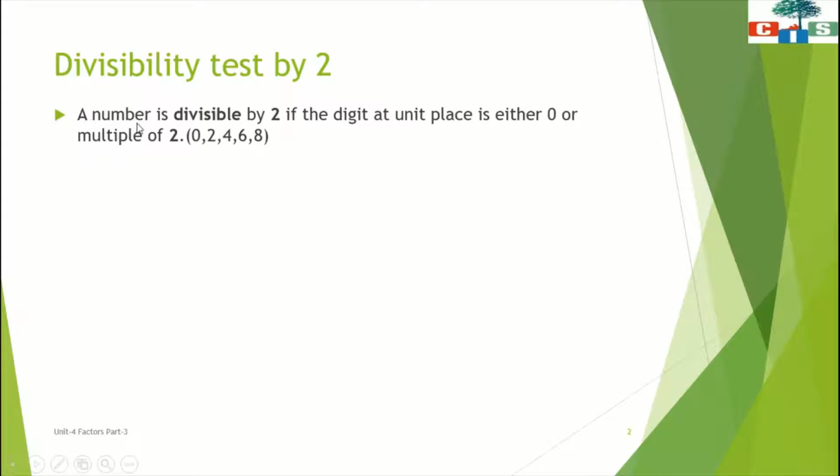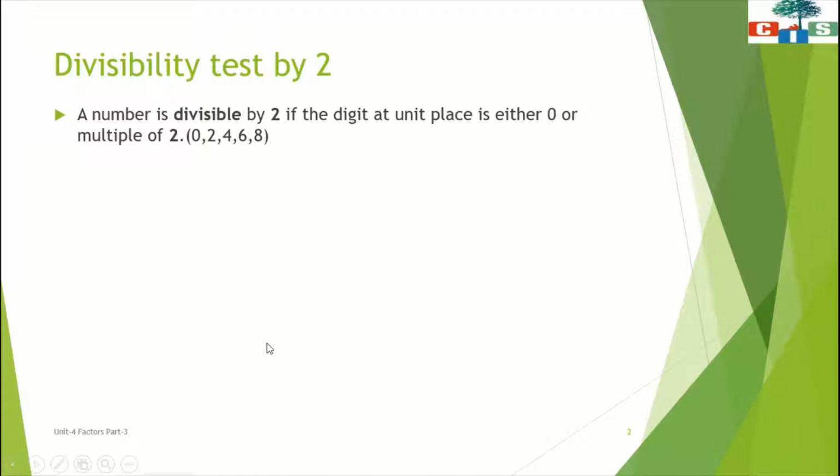A number is divisible by 2 if the digit at unit place, that is the ones place, is either 0 or a multiple of 2, that is 0, 2, 4, 6. If these numbers are there at the unit place, it means that the whole number is divisible by 2.